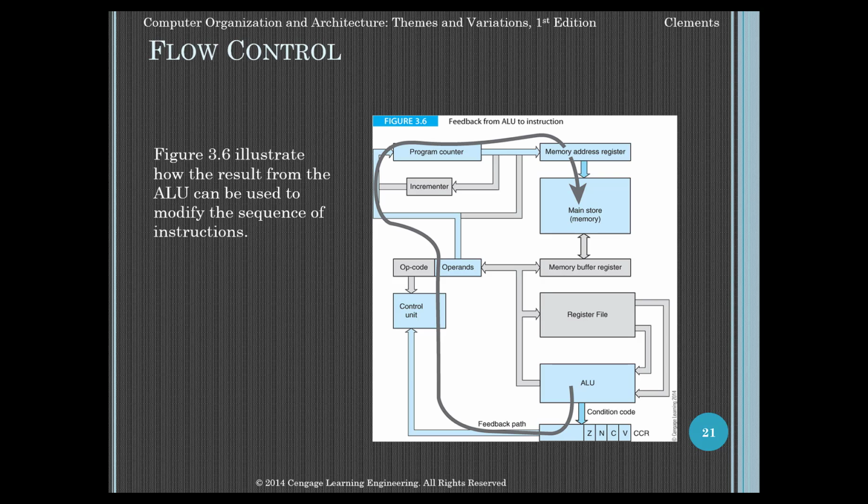So if the bit in the CCR being tested is false, the processor fetches just the next instruction, right? We increment by 4 because we said 4 bytes. But if the bit in the CCR being tested is true, then the program counter is loaded with a new address from the operand field of the instruction register, and a jump is made to this new address.